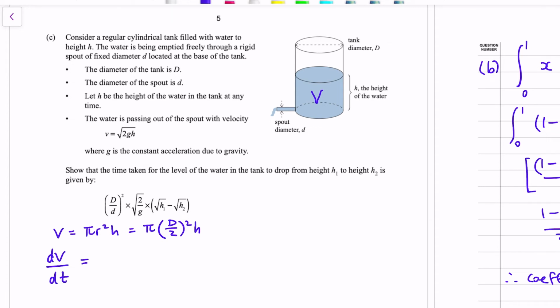Now that's going to be dependent on how big the spout is, as to how much water can flow through it, and also the speed at which the water flows out of it, which we see is proportional, or it's got an h in it. g is gravity, it's a constant, but that should make sense to you. If there's more water in the tank, the force behind it is going to make the water go out the spout quickly. But if there's less water in the tank, so the h is smaller, the speed at which it goes out is slower.